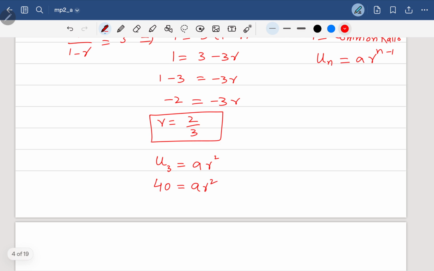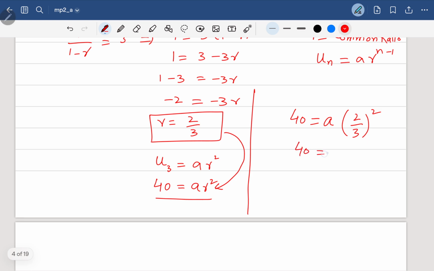So in this equation, if you put the value of r, you will get the value of a. So it will be 40 equals a times 2 over 3 to the power 2. In this formula, if you put the value of r from here, you will get the value of a. So 2 over 3 squared: 2 squared is 4, 3 squared is 9, so it's 4 over 9.